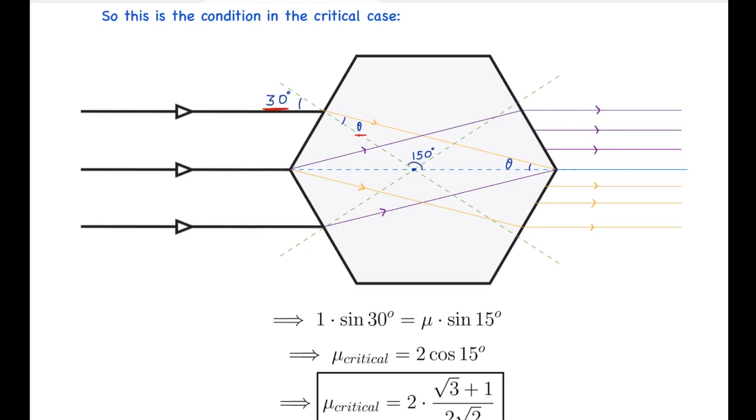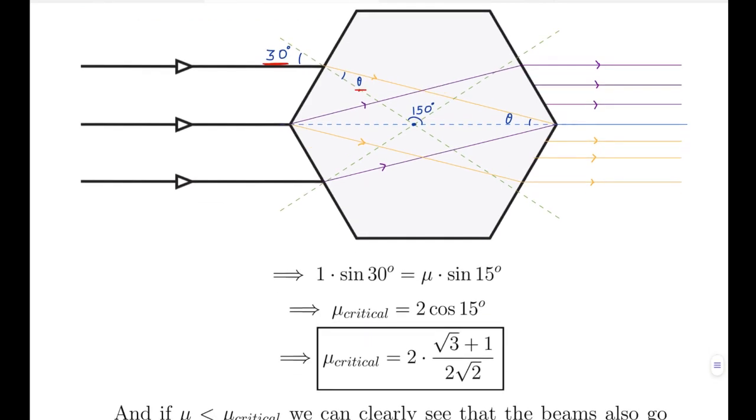You can see it yourself very easily. So from here, mu critical will come out to be 2 cos 15, and substituting the value of cos 15, we get mu critical to be (root 3 plus 1) by root 2.